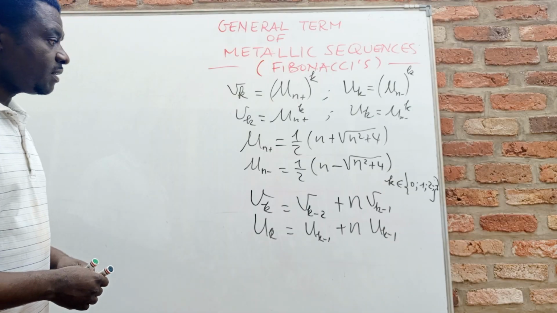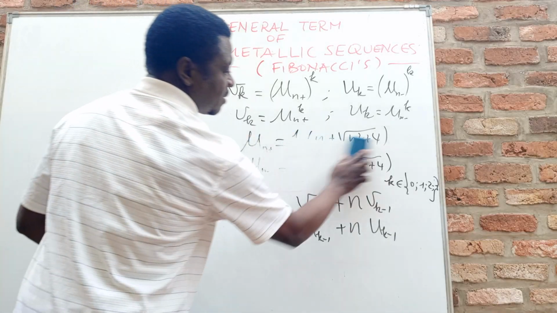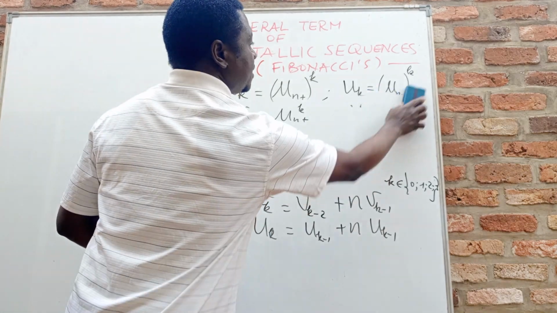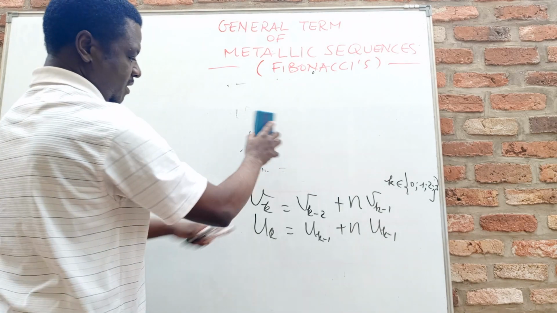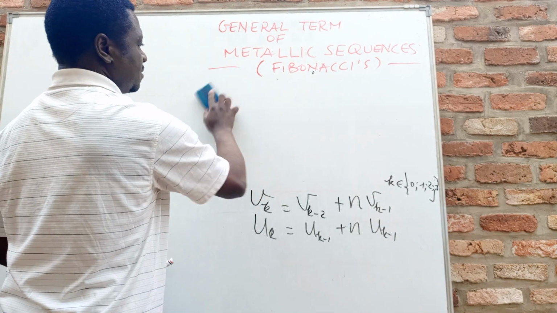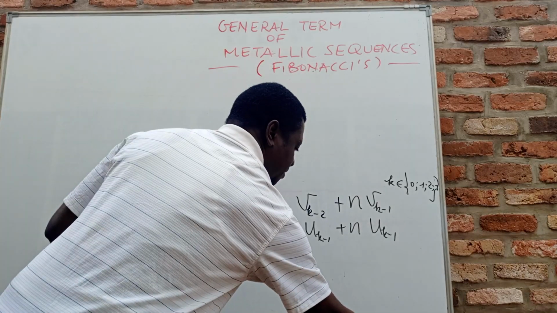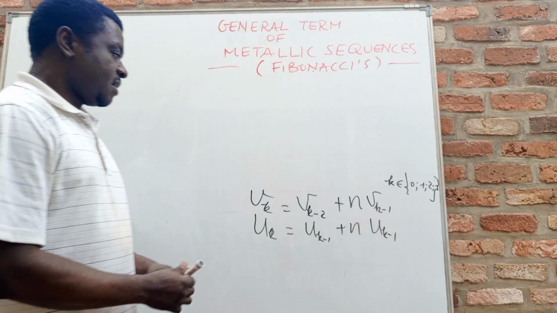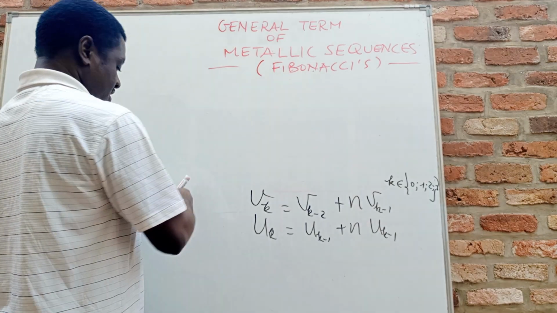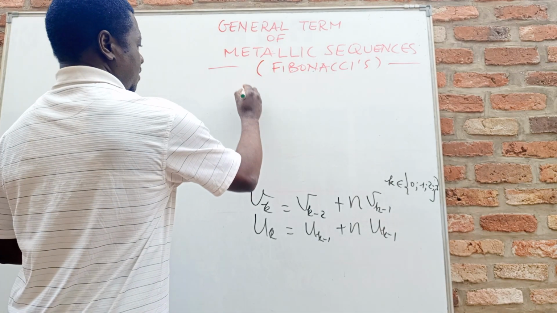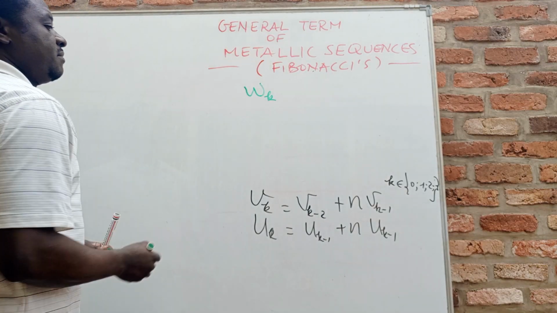Okay, so if we combine these two sequences, each of which is a geometric one, as we have previously indicated, each verifying this relation, we can combine them in order to get a metallic sequence.